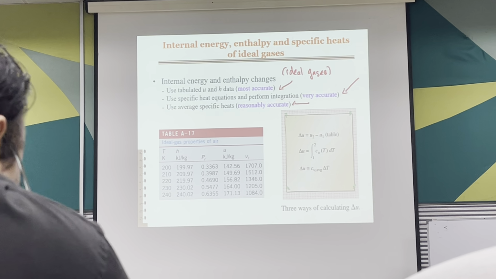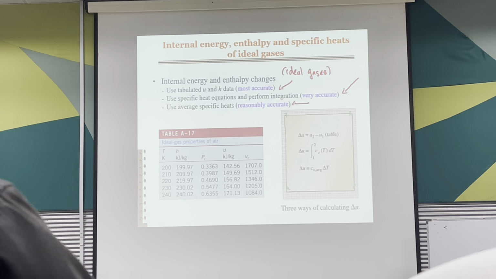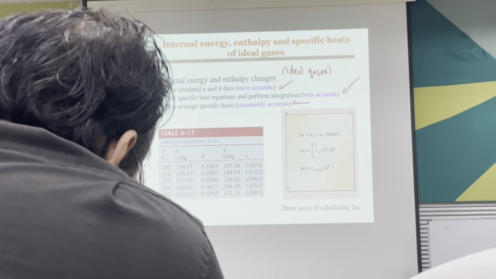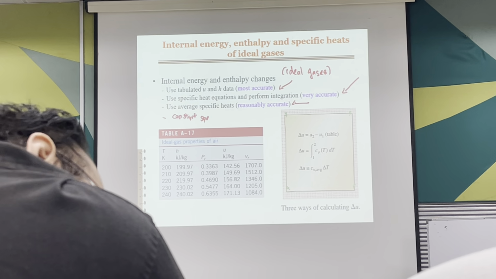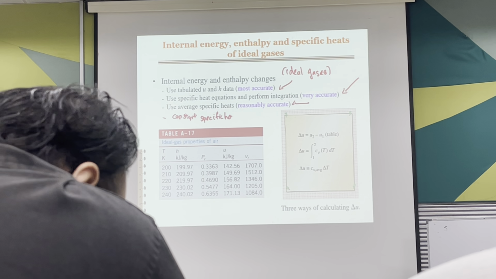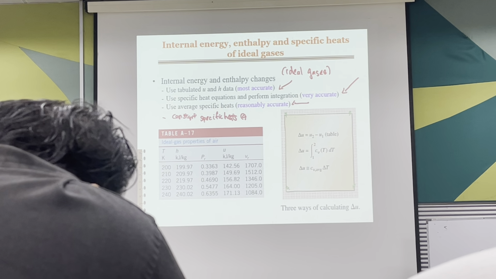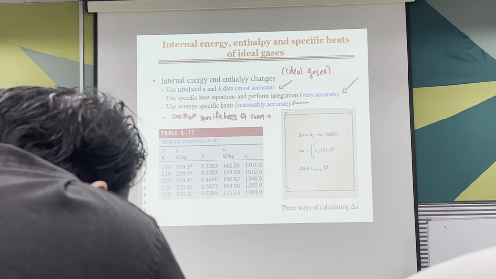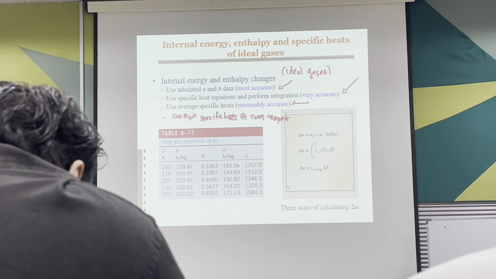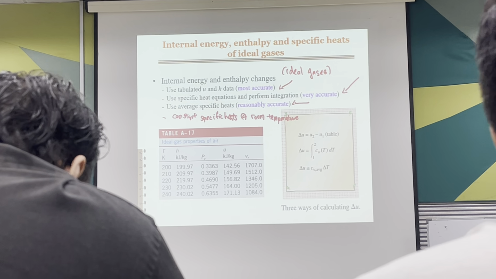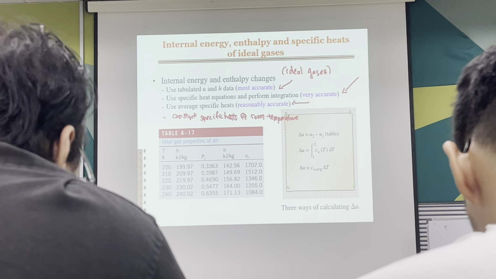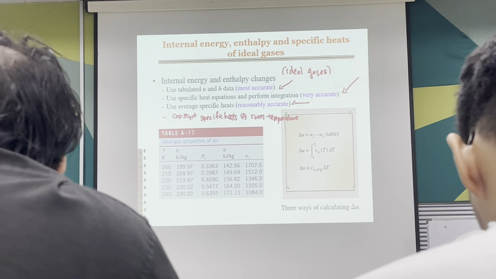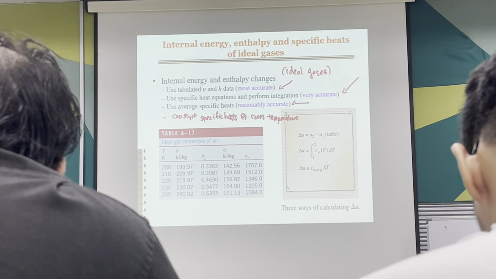Actually, there's a fourth method, which is what we usually do. A very lazy method. We just choose a constant specific heat at room temperature. So we don't care what temperature we are dealing with. We use a constant specific heat value. This will be the least accurate one, but that's usually what we do because it's easier. We don't need to care what specific heat value we use.